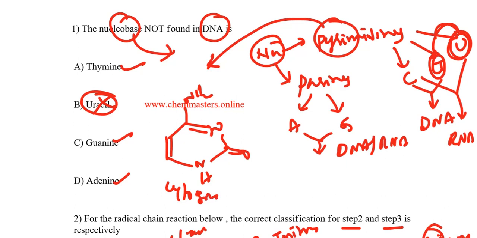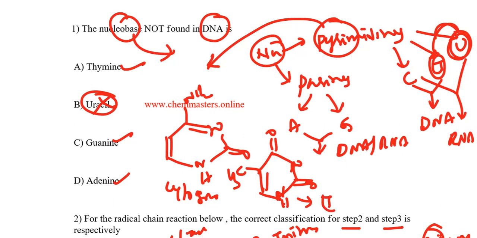Next one, thymine. Same, with two nitrogens here, a double bond O here, a double bond O here, and here CH3. So we can consider it as thymine. Now you can see uracil. So here we have the uracil structure.